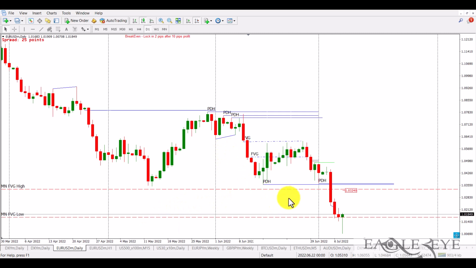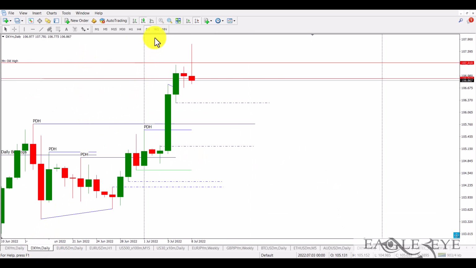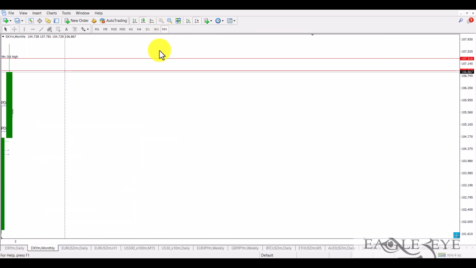The next part is what I am expecting in the coming week, from the 11th to 15th. Let's go back to the dollar index. This is the monthly chart.